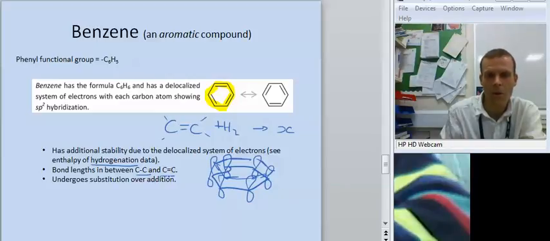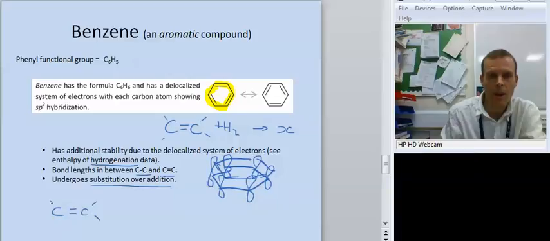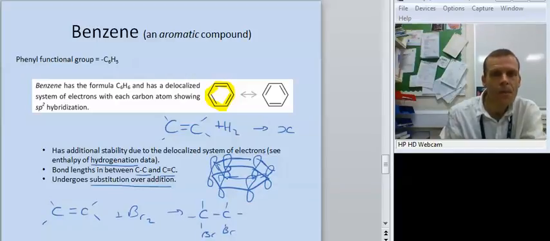They're all the same, and it also prefers to undergo substitution over addition. Something like ethene would very happily decolorize bromine water to form that dibromo compound. The benzene rings tend to undergo substitution reactions to avoid losing their delocalized system of electrons.